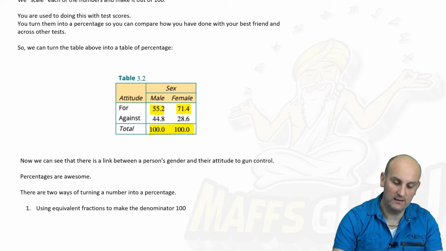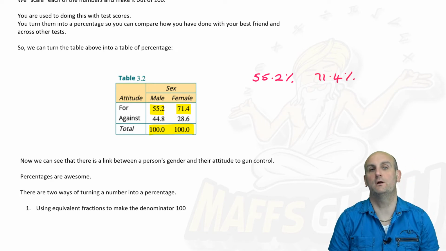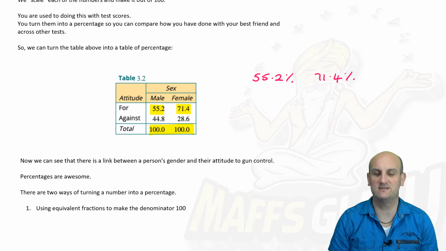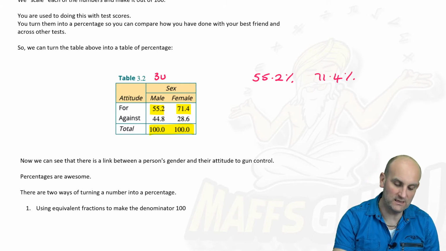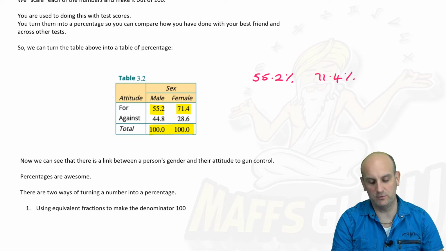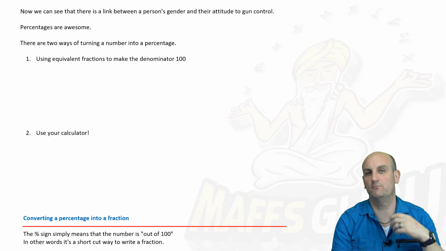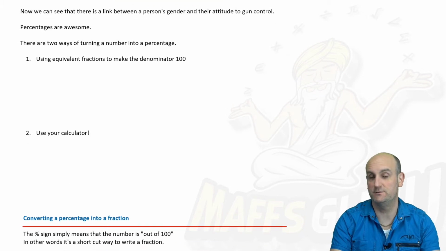Now we can see that 55.2% of males were for gun control, but a lot more women were for gun control in comparison. Remember what happened in that previous table where that value was 30 and that value was 32. So percentages are really important to us, and there's lots of ways of writing percentages, converting to percentages, and that's what this video is going to show you how to do.